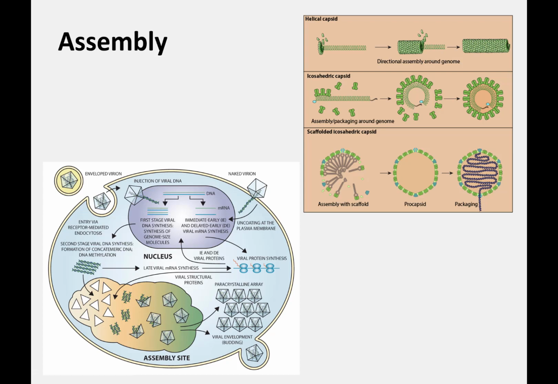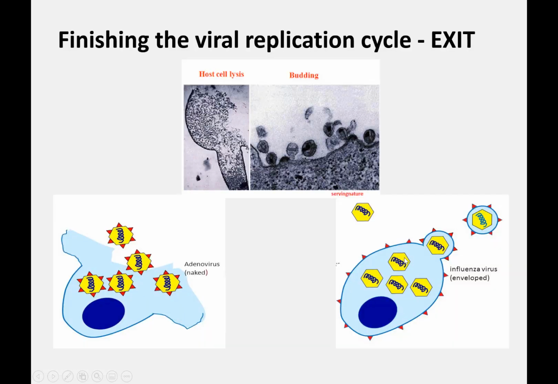This is really cool, and we'll talk about this a little bit in using viruses in biotechnology, that you can actually put things in these empty capsids or use these empty capsids as vaccines. So the take home here is that assembly is spontaneous.